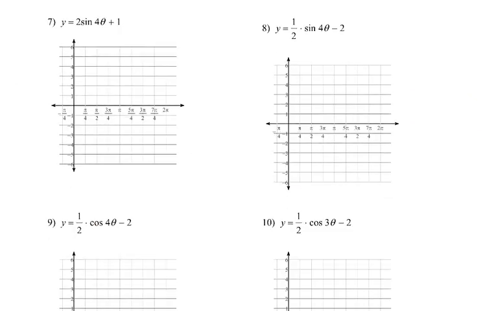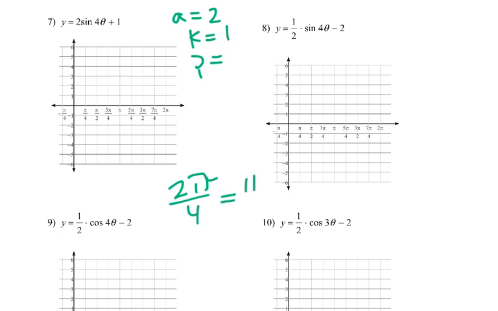Alright. So let's just keep on trucking. So amplitude of 2, midline shift to +1, period of 2 pi divided by 4, which we know is pi halves. We've had that one show up a lot, haven't we? So, start at my midline up here.